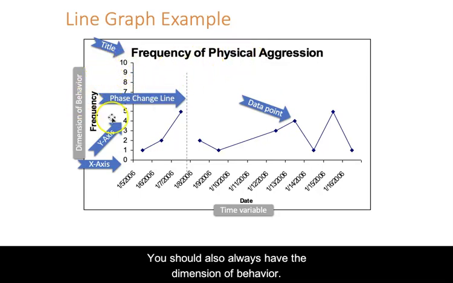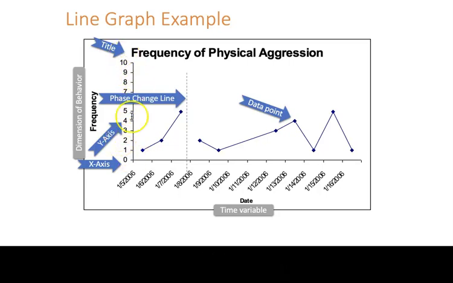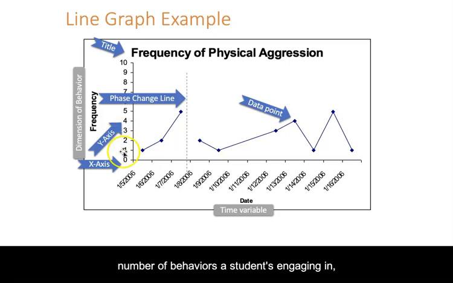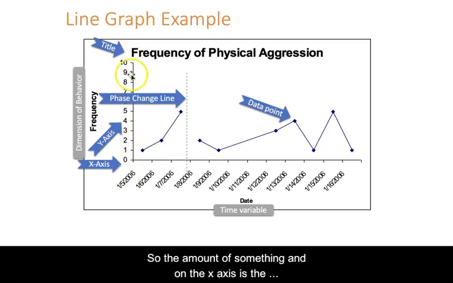You should also always have the dimension of behavior, or how much of the something is that you're measuring, if it's reading fluency or number of math problems or number of behaviors a student's engaging in, going on the y-axis, so the amount of something, and on the x-axis is the passage of time, or the times that you observed something.